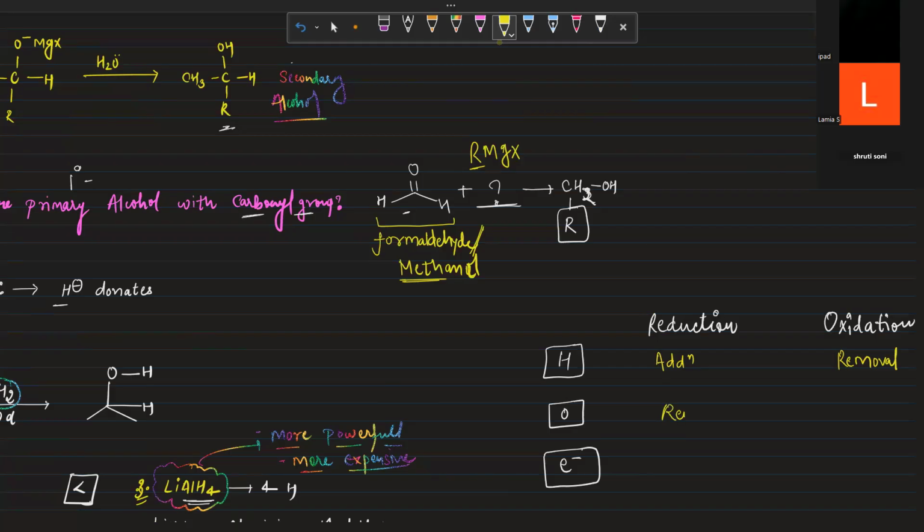Removal of oxygen means reduction, and addition of oxygen in any reaction means oxidation.